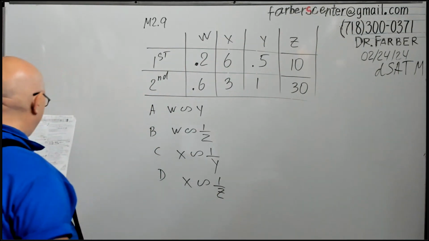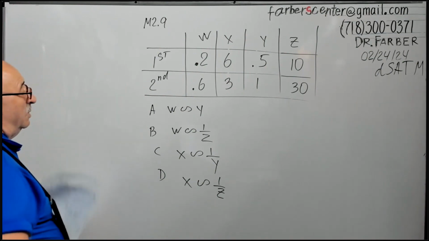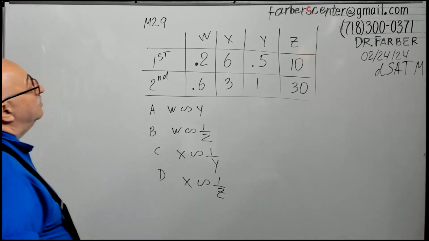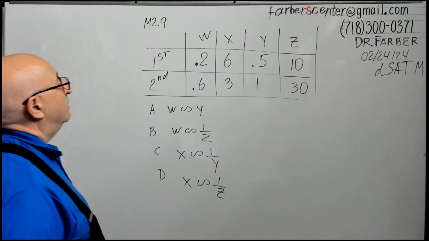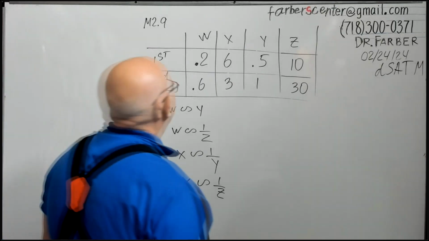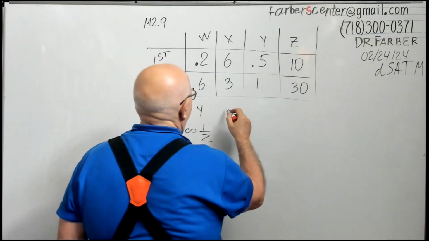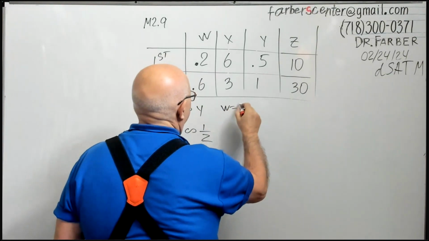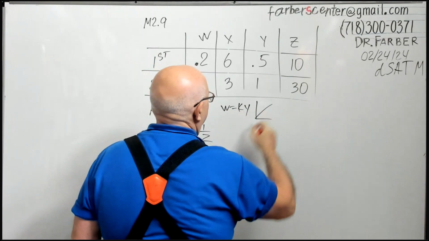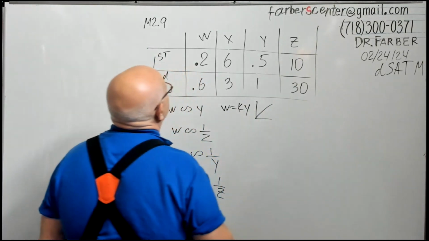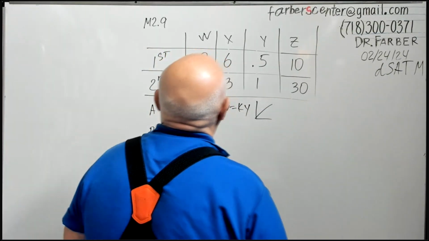Okay, let me check again. So what is proportional? It means if you divide W by Y, you're supposed to get the same answer. Proportionality goes through the origin.